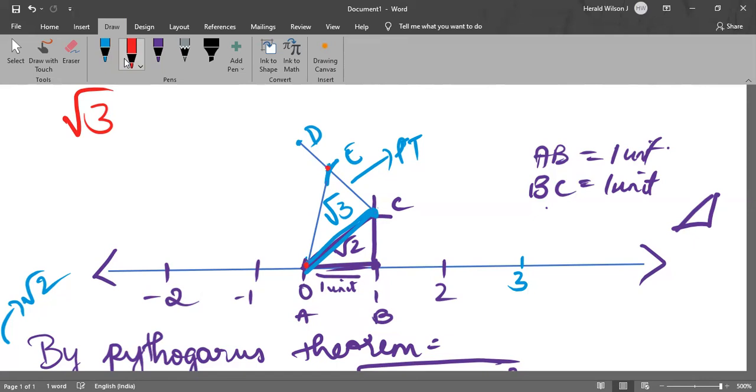It should probably come almost next to 2. I'm not drawing it properly, that's why it's not coming. But when you do it, it should almost come next to 2. Ignore my arc, but your book should have something like that. So this is nothing but root 3 on your number line.